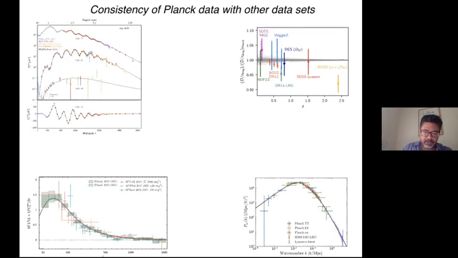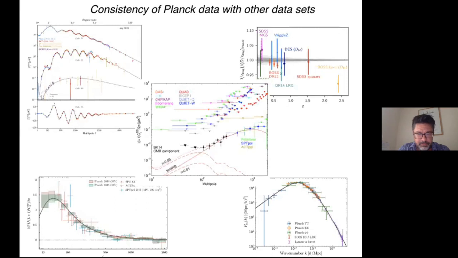And last but not least, measurements of B-mode polarization from BICEP2 and Keck Array in combination with Planck and WMAP can further tighten the constraints on primordial gravitational waves, which Planck sets mainly thanks to temperature and E-mode polarization, due to the poorer noise sensitivity compared to the BICEP and Keck Array instruments.